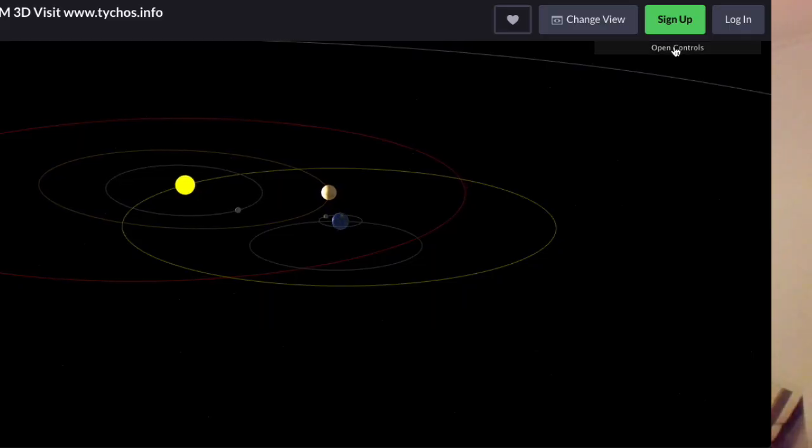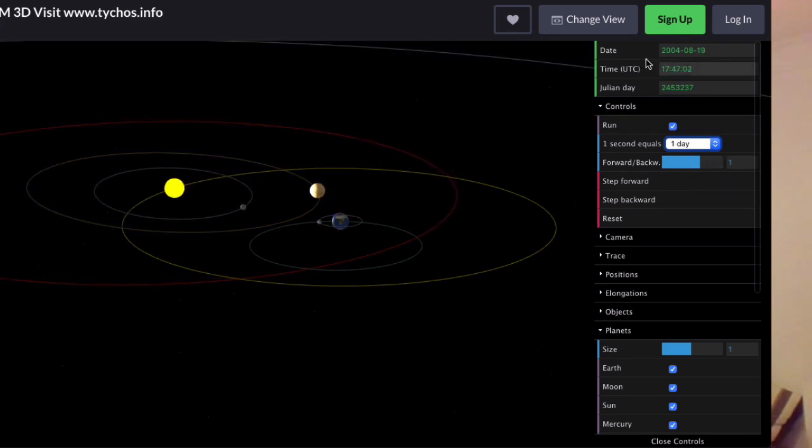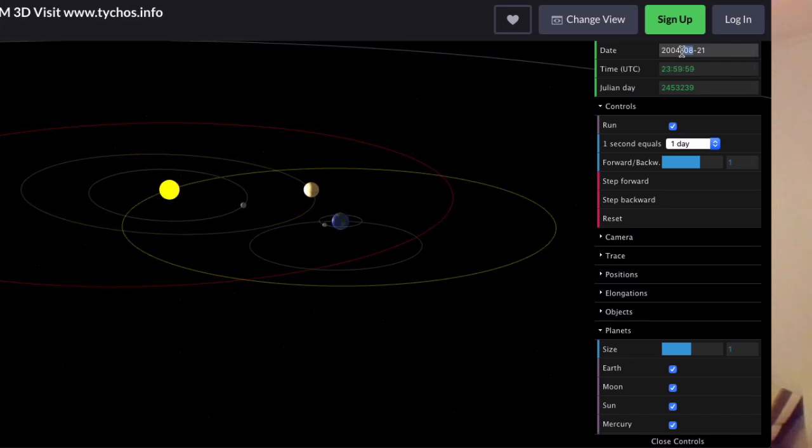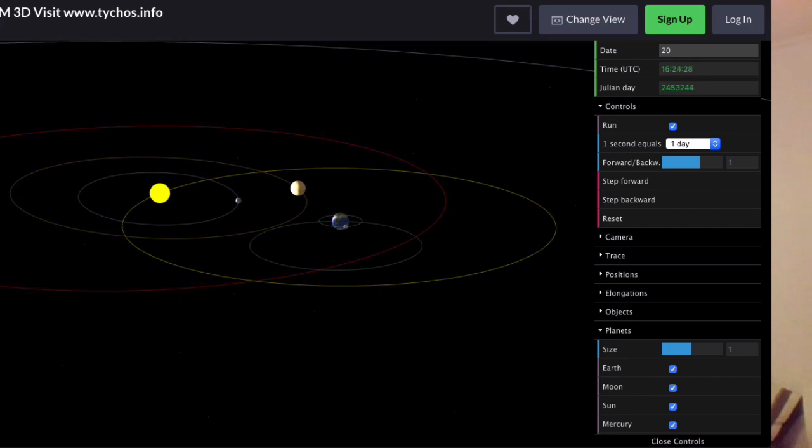You can type in any date in the date box and any time, and the model will, of course, adjust itself to that time.